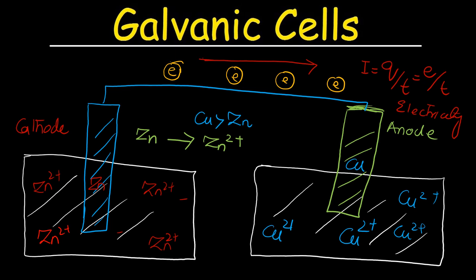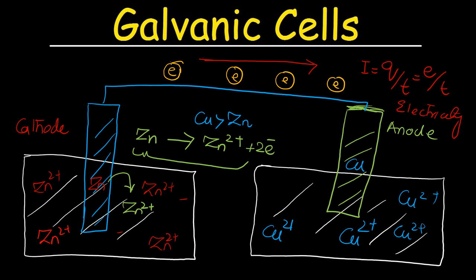So zinc here is converted into an ion. Zinc has given 2 electrons, and this zinc atom will be converted into Zn2+ ions.